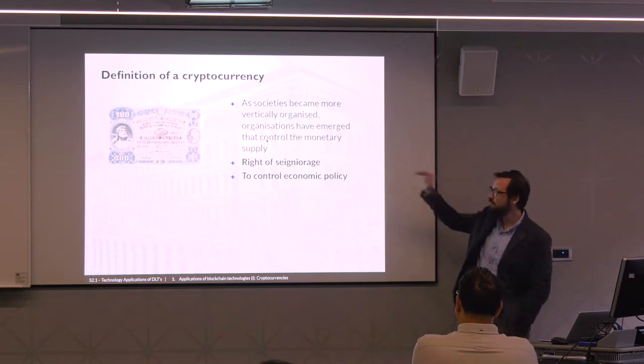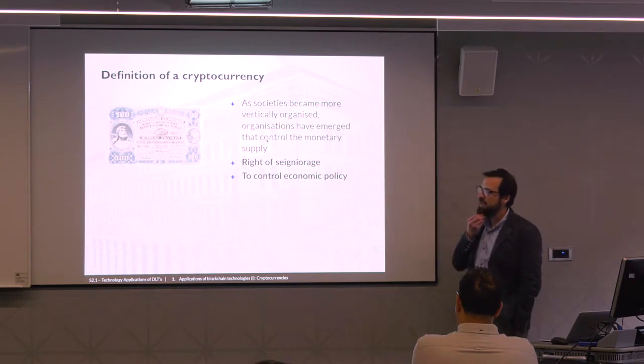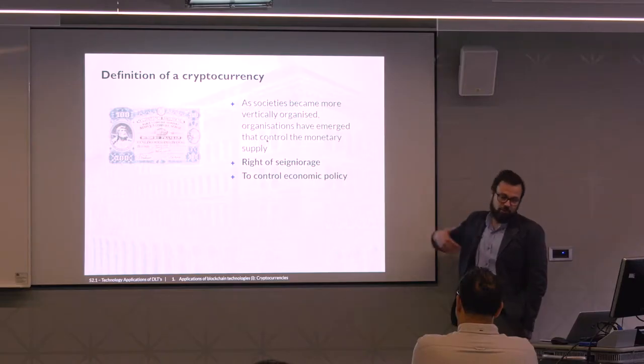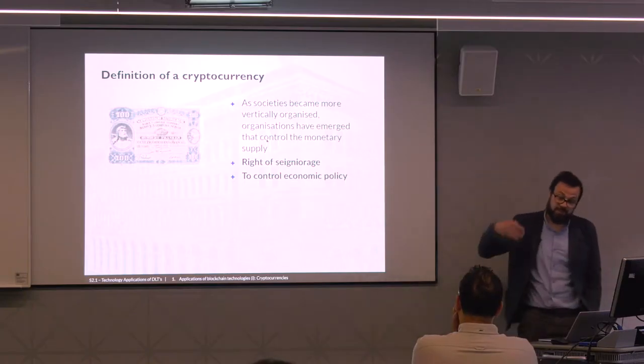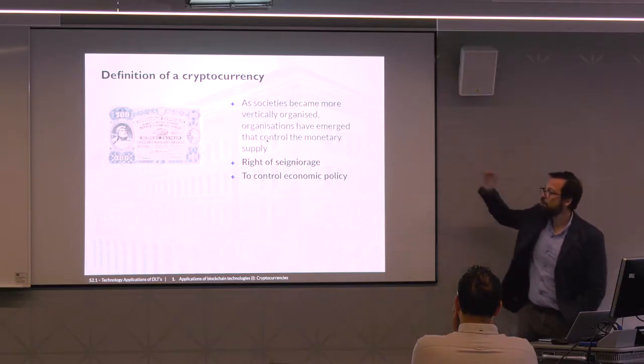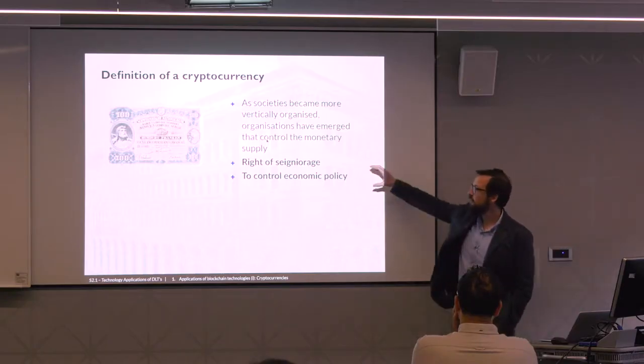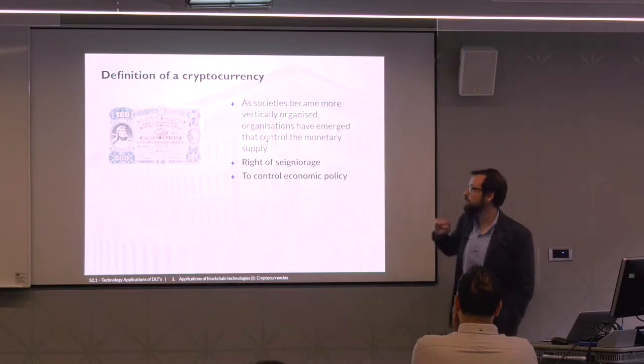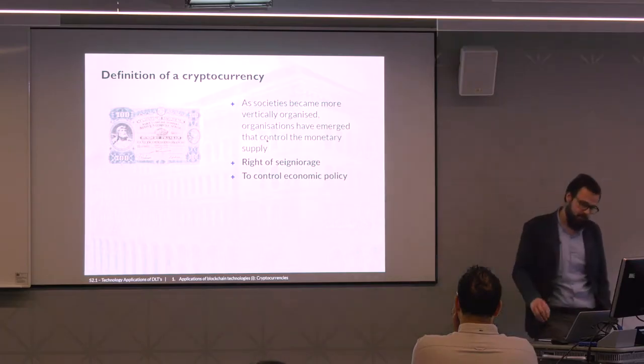On the one hand, because it gives them the right of seigniorage. In this way, you can control the economic policy in some way or another. This thing has been getting more and more sophisticated over the centuries, because controlling the monetary supply is something that allows different ways of economic policy.